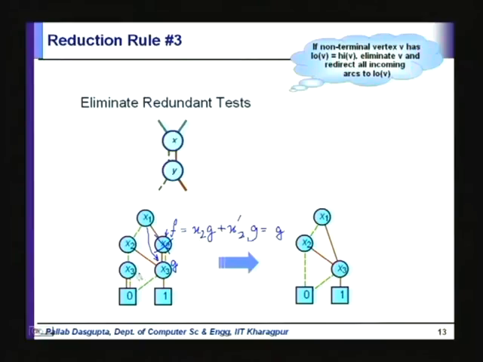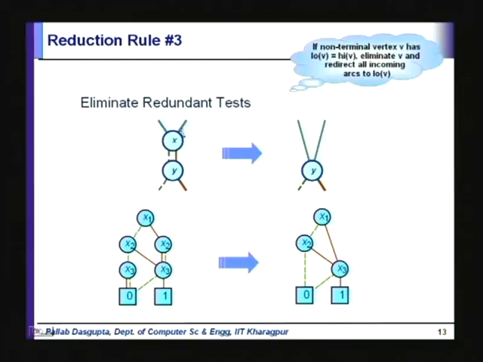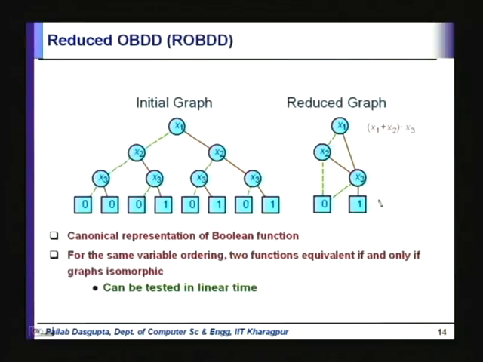Similarly, this one is a redundant node, so we take this edge and point it to here, okay. So, in the generic sense, what we are doing is if both edges are pointing to the same node, then we just remove that node, we just get rid of this one, alright. Is this clear, the three rules, right?